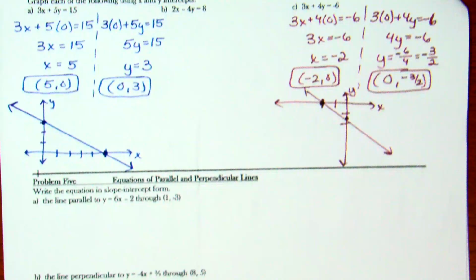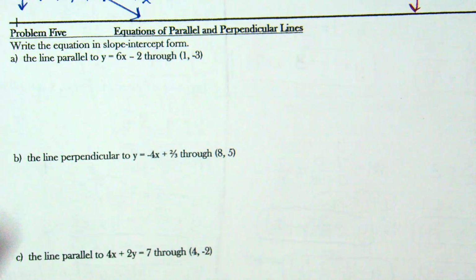Now, in A, it's the line parallel. So flip back to the front page if you need to. Parallel lines have what? The same slope. Parallel lines have the same slope.